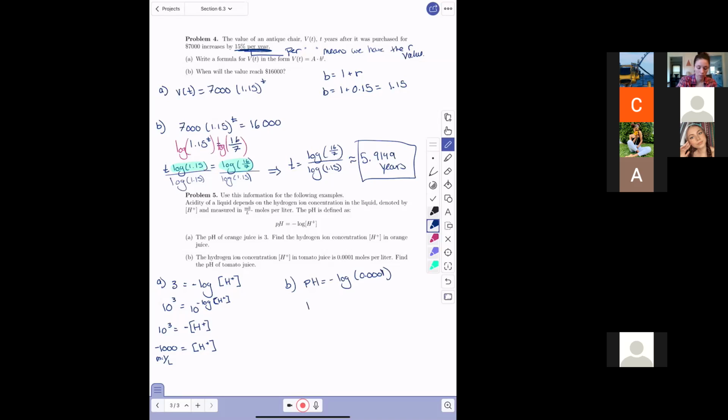All you have to do for this one is plug it into your calculator and let me know what you get. I got 4. Perfect. And that makes sense because 4 is on our pH scale. So it's probably right. Any questions there?